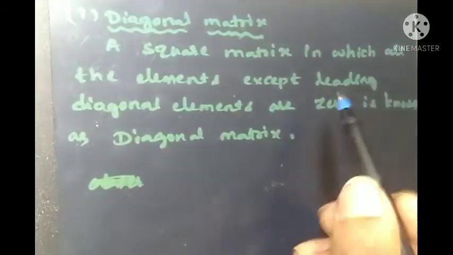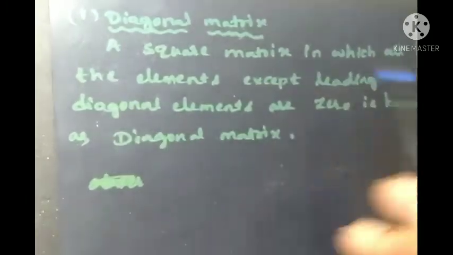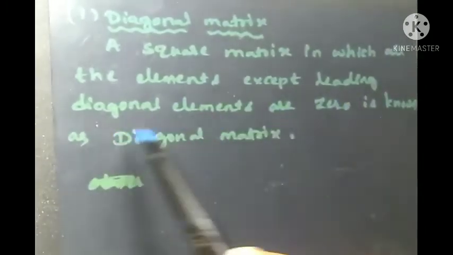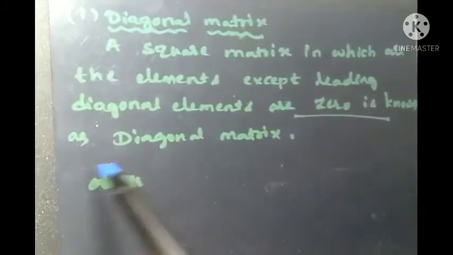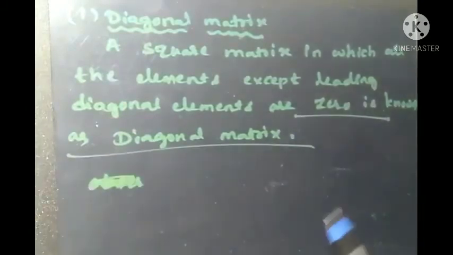Now in types of square matrix, the first matrix is diagonal matrix. A square matrix in which all the elements except leading diagonal elements are zero is known as a diagonal matrix.